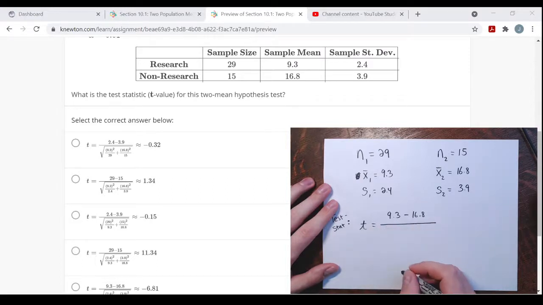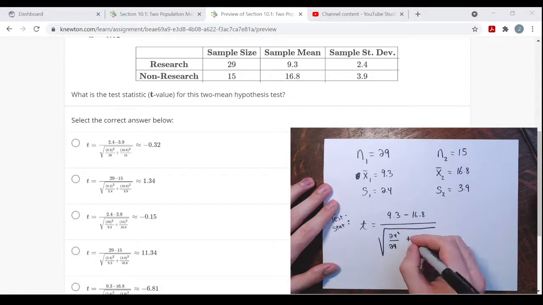Divided by the standard deviation for the distribution of x1 bar minus x2 bar, the square root of s1 squared, so 2.4 squared, divided by n1, 29, plus s2 squared, 3.9 squared, divided by n2, which is 15.